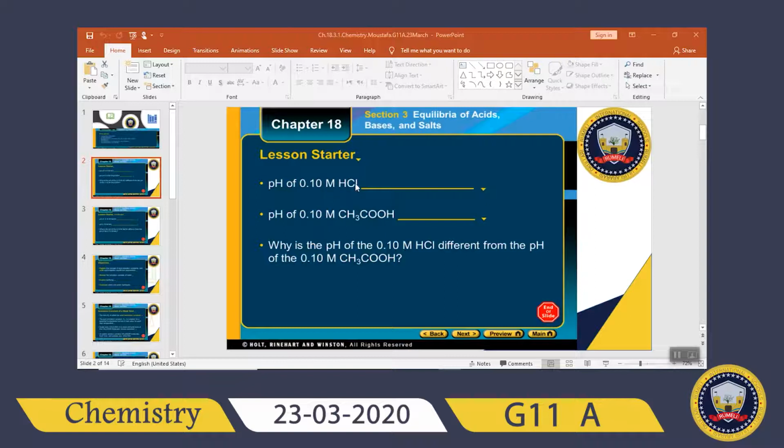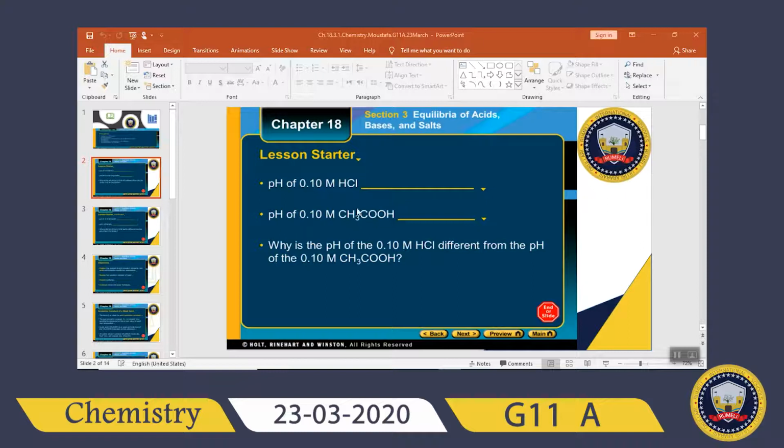As we know, HCl is a strong acid, so it is completely ionized. The H will dissociate and connect with the H2O in the solution to form hydronium ion. So all molecules inside the solution will form hydronium ions.